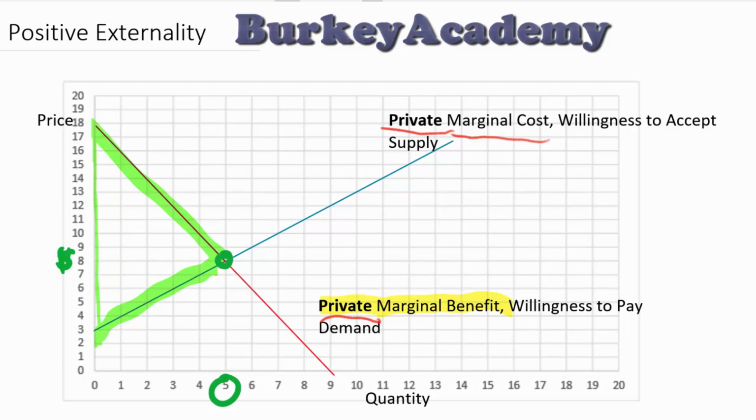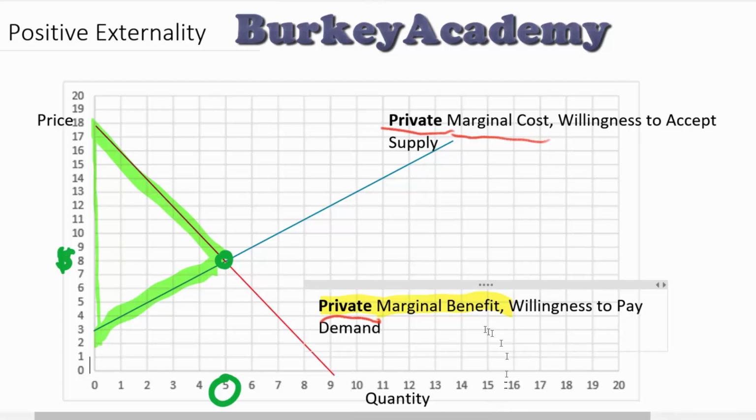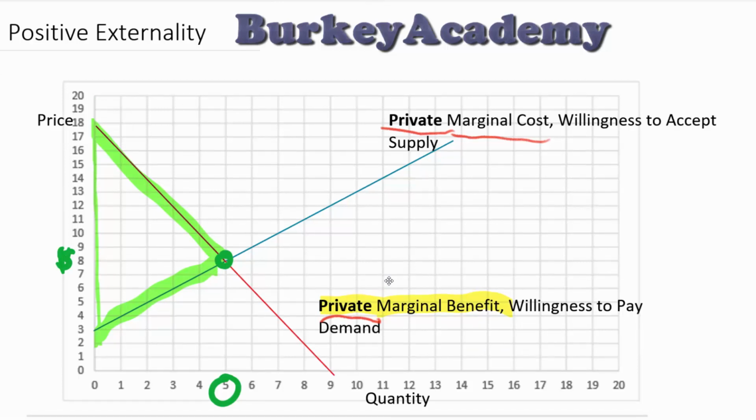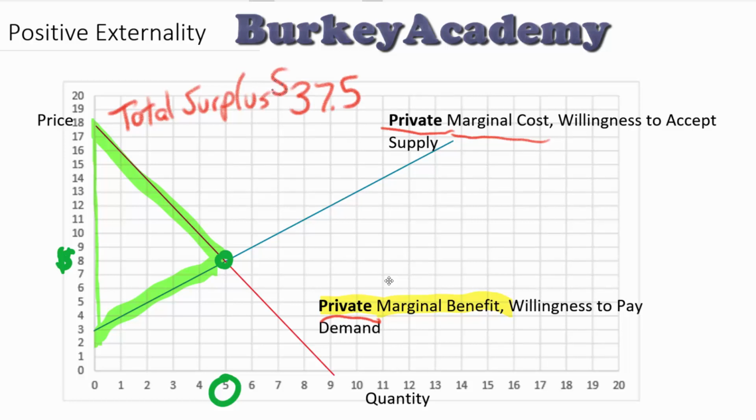Now, how much total surplus would there be in this market? It's just the area of this triangle, which is just 1/2 times the base, and the base is 15 here, and the height is 5. So the area is going to be 1/2 times 15 times 5, which tells us that the total surplus would be 37.5. And let's assume this is $1 million here, $37.5 million.